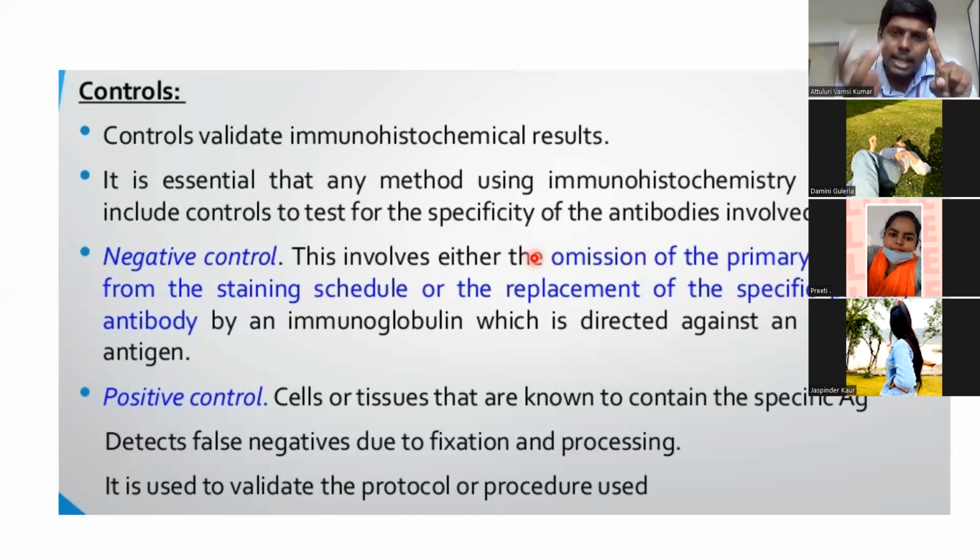The tissue is still transparent. After immunostaining, we need to counterstain the tissue with H&E, hematoxylin and eosin. After counterstaining, the tissue will be visualized. Now within the tissue, we can see the location of our target antigen. That is called counterstaining.